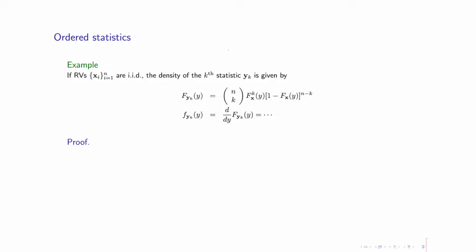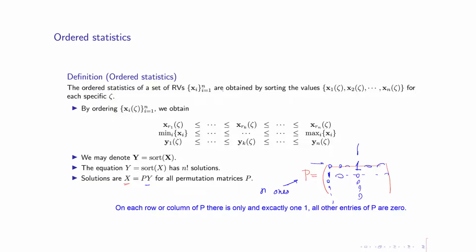You can easily see that f_y of y is equal to the summation over all possible permutations p, n factorial of them, of f_x of p y, divided by the Jacobian. Here the Jacobian is equal to 1.